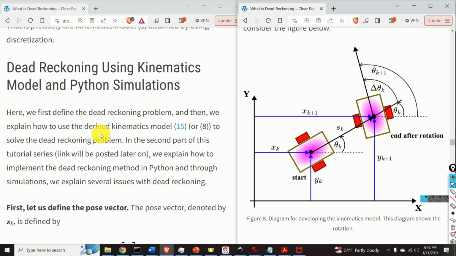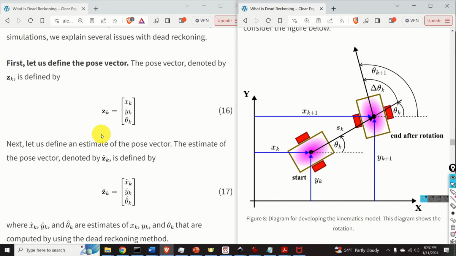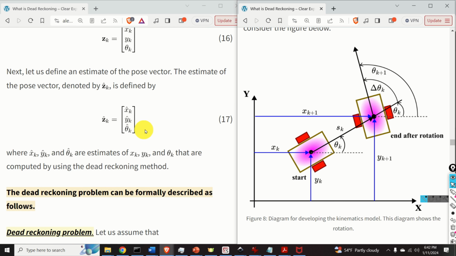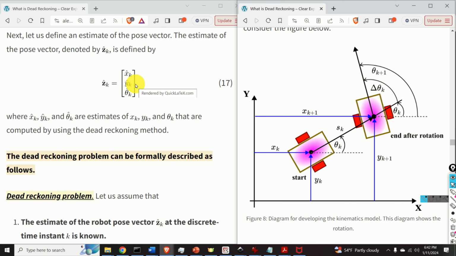Now we are ready to formulate the dead reckoning problem and to state its solution. First, we need to define the pose vector. The pose vector, denoted by zk, is defined like this. It is a vector composed of xk, yk, and θk. Next, let us define an estimate of the pose vector. The estimate of the pose vector, denoted by zk hat, is defined like this.